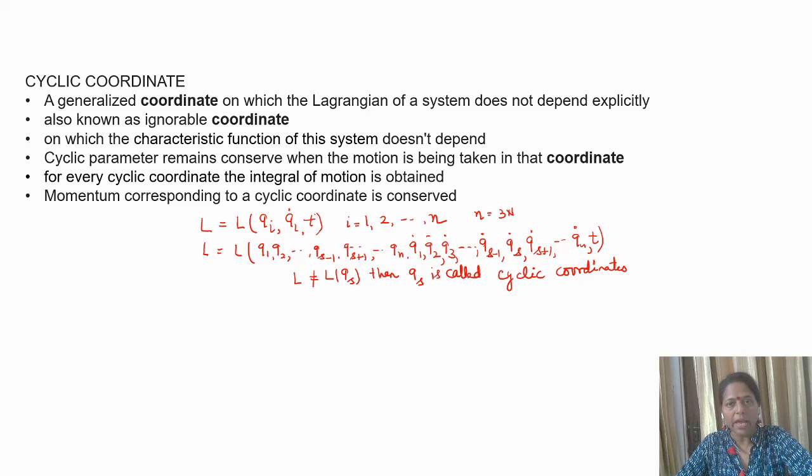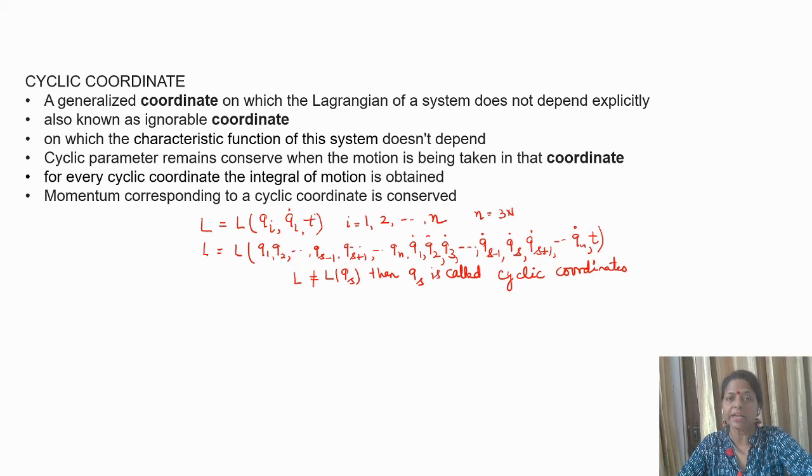So if some coordinate qs is absent from L, it will also be absent from H. H is the characteristic function of the dynamical system, and it will not depend upon that coordinate. If L is the characteristic function defining your dynamical system, then L will be independent of that cyclic coordinate.